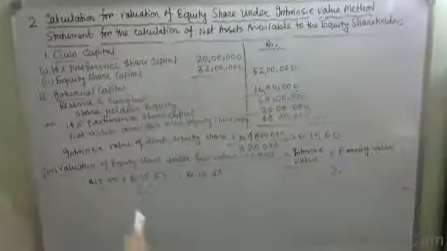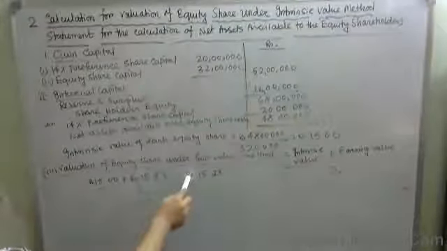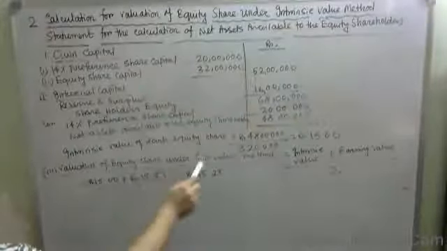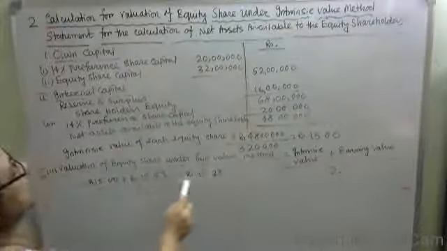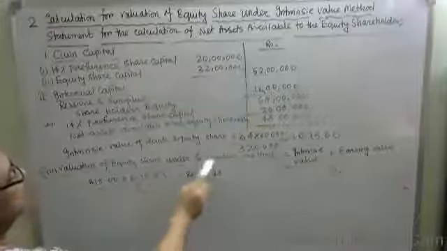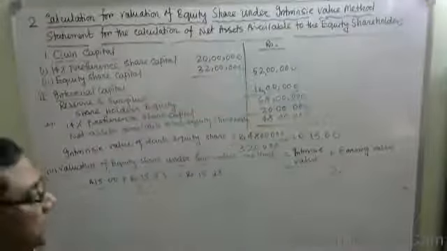When the summation is divided by two, we get the value of the share under fair value method, 15.28. Clear? So that's all about our today's discussion.